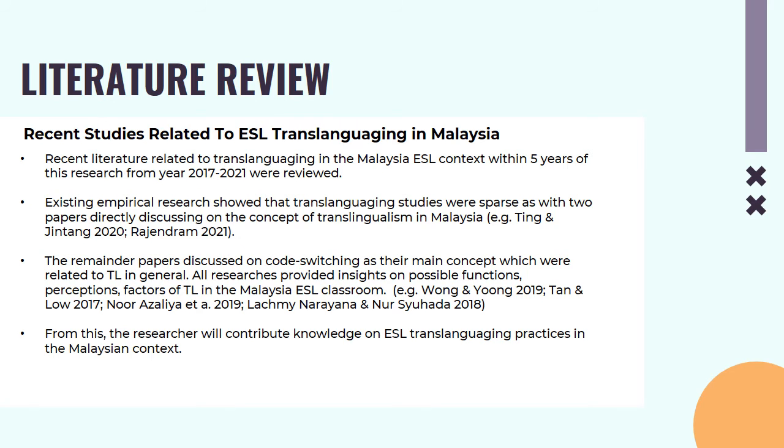The remainder papers discuss code switching as their main concept, which were related to TL in general. All researchers provided insights on possible functions, perceptions, factors of TL in a Malaysia ESL classroom. From this, the researcher will contribute knowledge on ESL translanguaging practices in the Malaysian context.